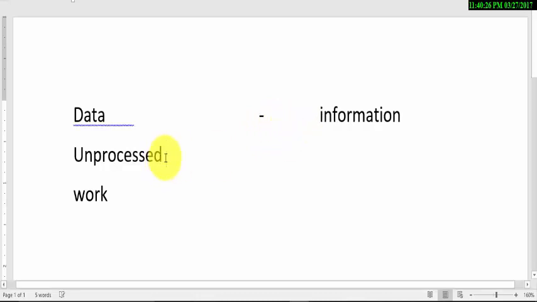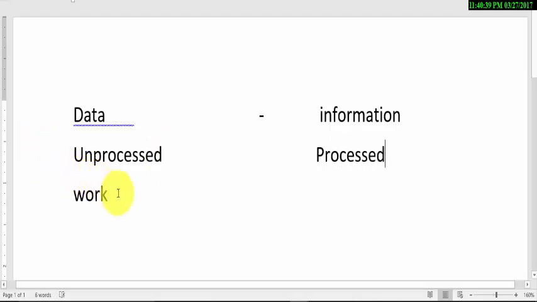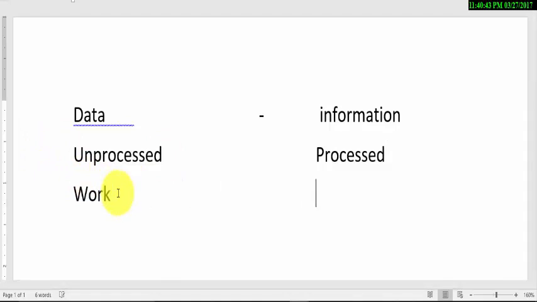For information, it is what we have after data has been processed. So in this tutorial, information is what we call processed work.